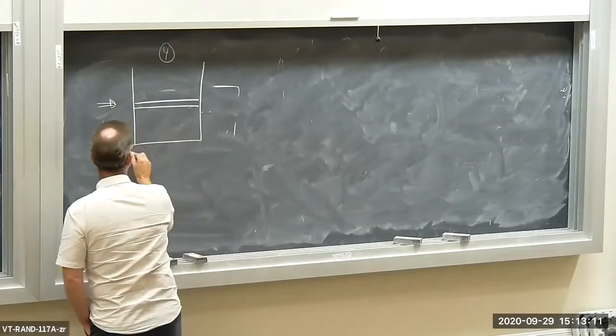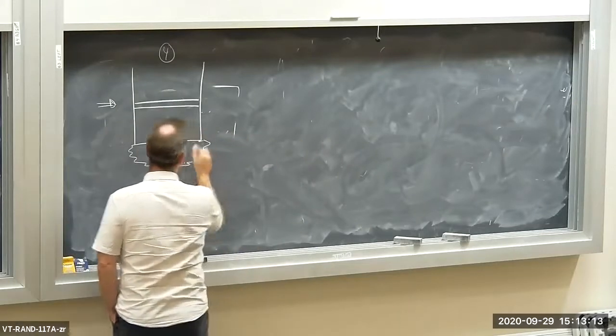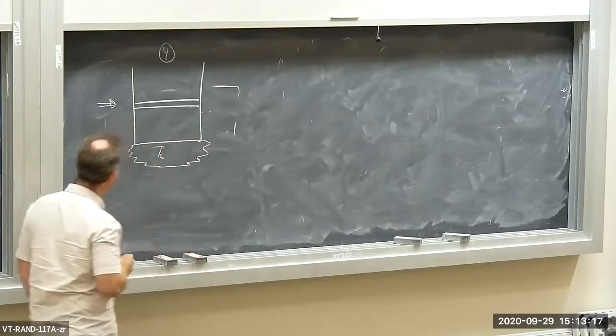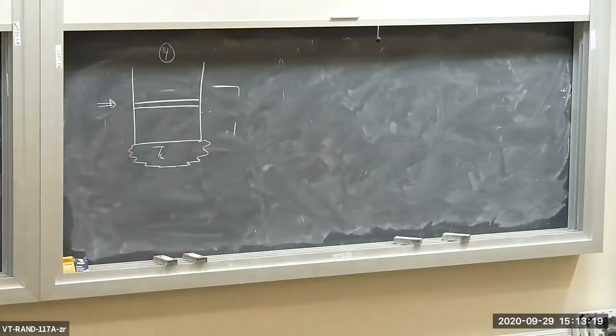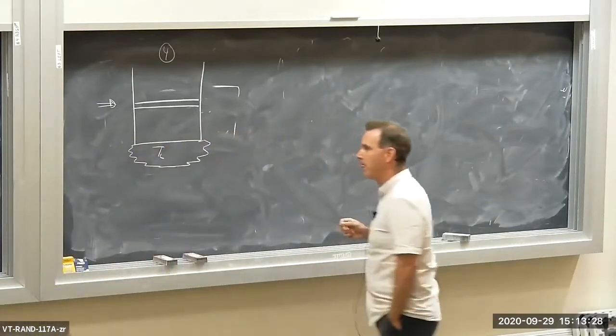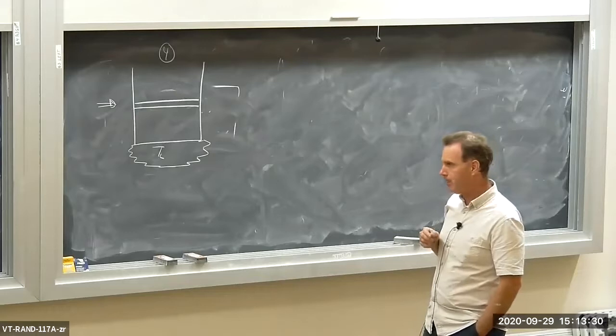I'm going to put it in contact with a reservoir at a low temperature, TL. So remember, T3 is equal to TL. And I'm going to put it in contact now with a low temperature reservoir. Okay?